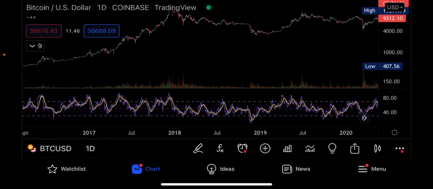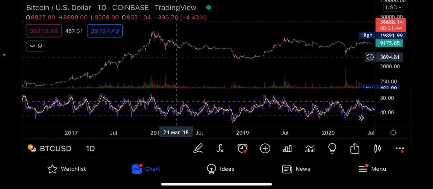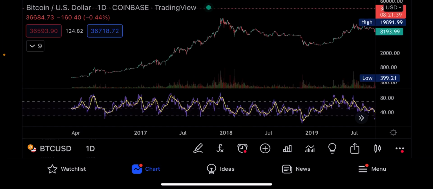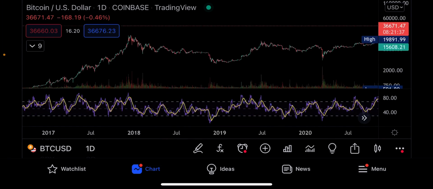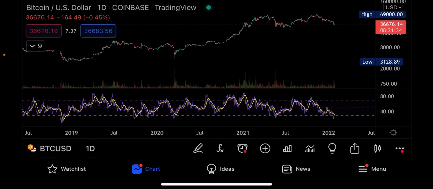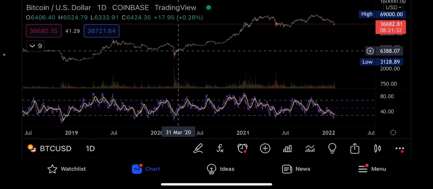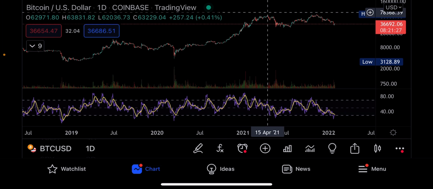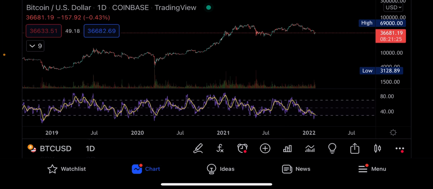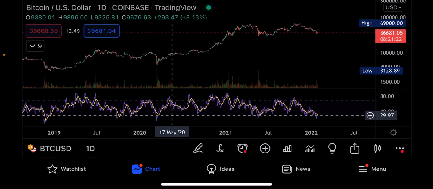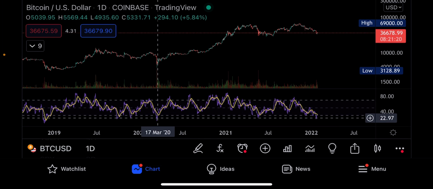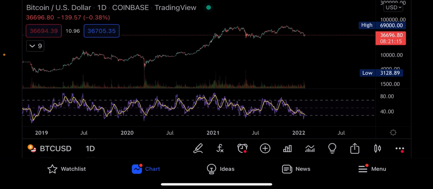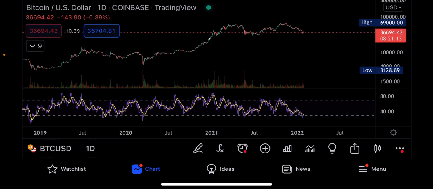So these spikes right here indicated we were reversing to the downside, because the market was already going pretty crazy. And then we have this large spike right here during the COVID sell-off, and then Bitcoin just went rampaging after that. Now you can also combine that with the low RSI, and then prices went ham.